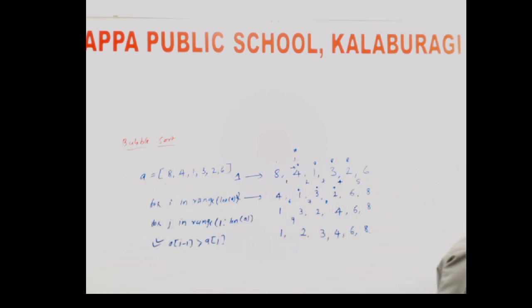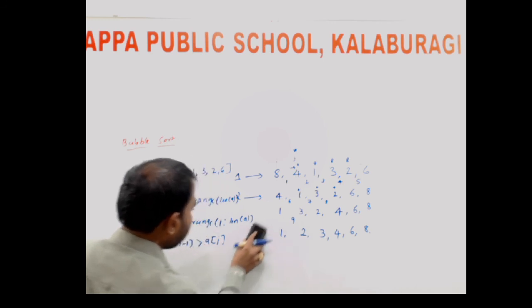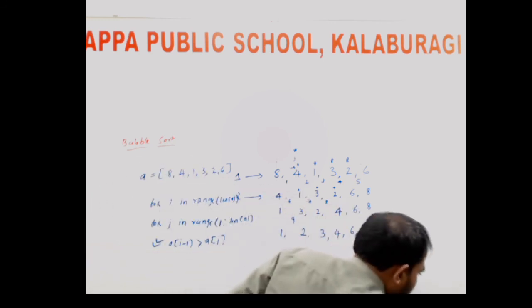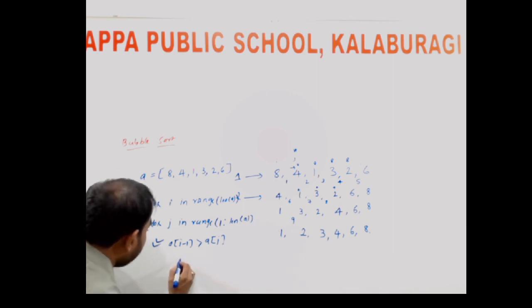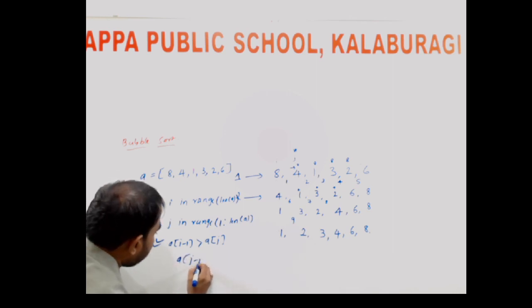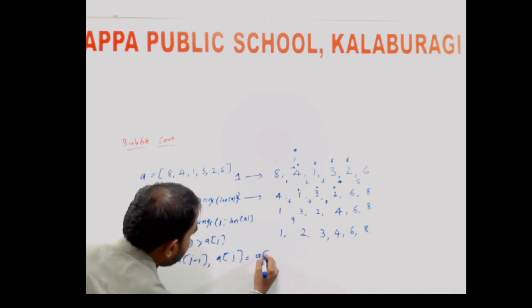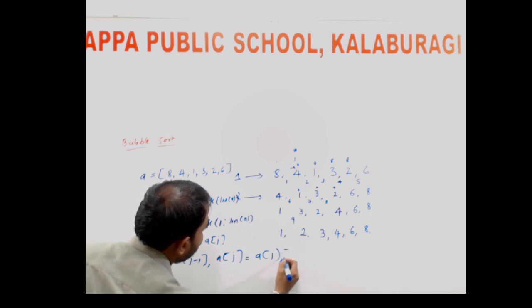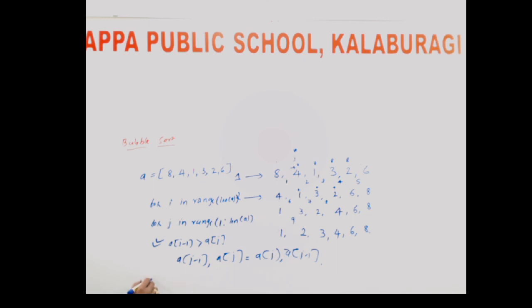What should I replace? A of j minus 1 comma A of j should be replaced with A of j comma A of j minus 1. Next, I have to print A, then the values are going to be printed.